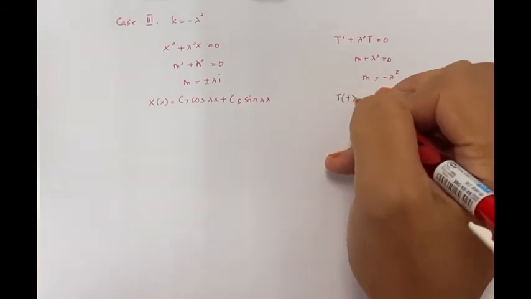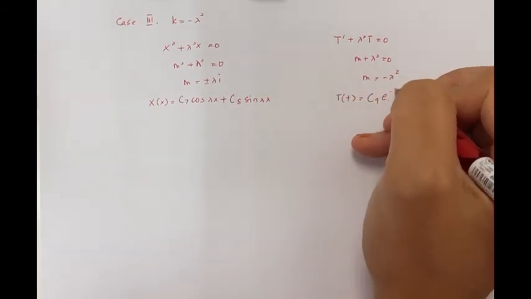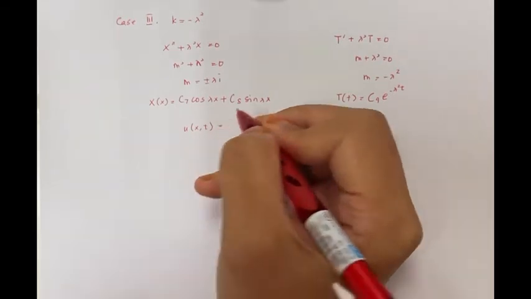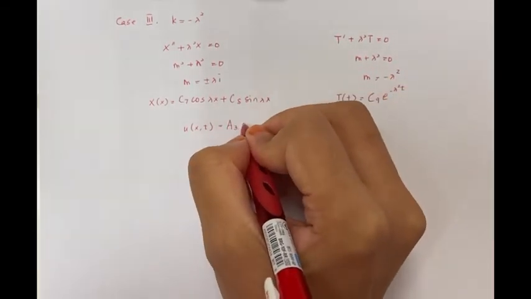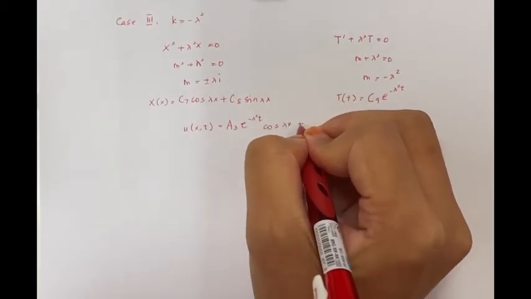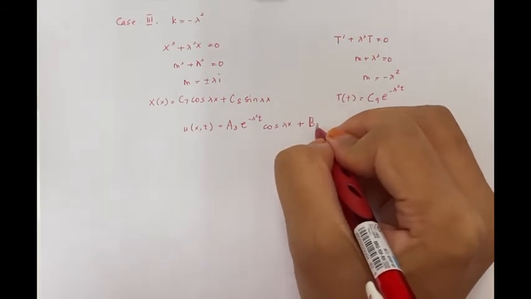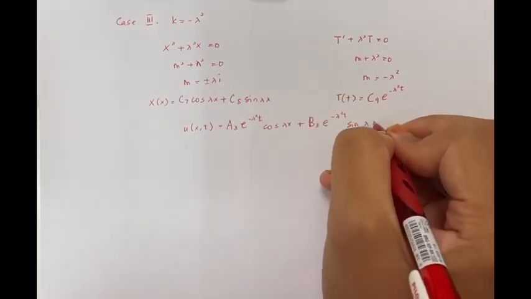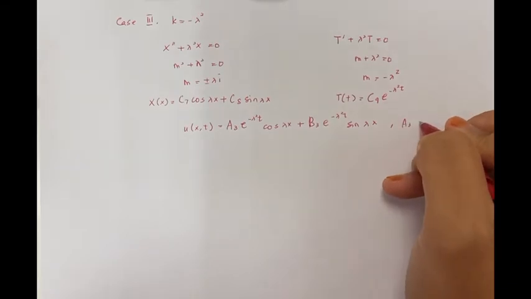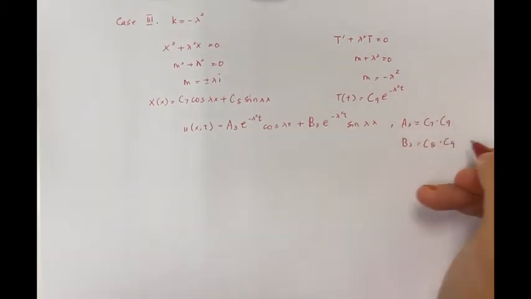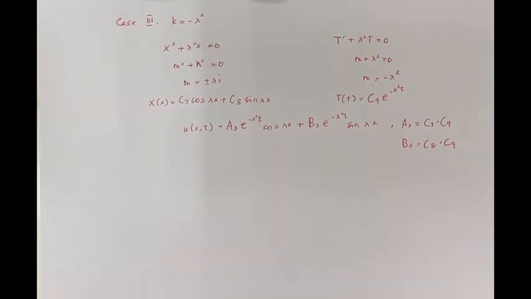And T is equal to c9 exponent negative lambda square t. u(x,t) for the third case is equal to a3 exponent negative lambda square t cos lambda x plus b3 exponent negative lambda square t sin lambda x. a3 is equal to c7 dot c9, and b3 is equal to c8 dot c9. Okay, you are done with question B.